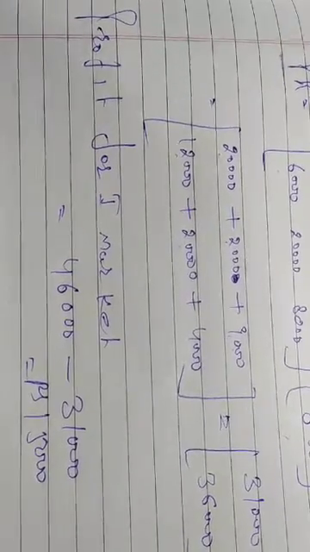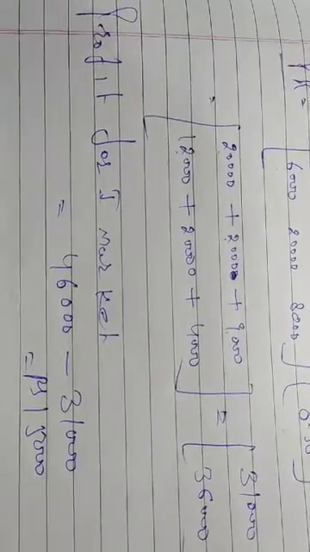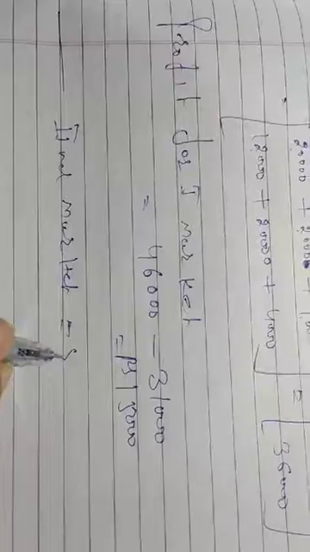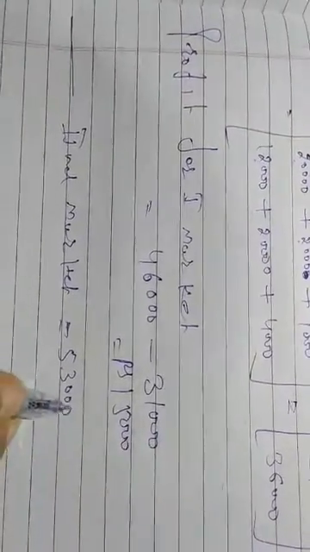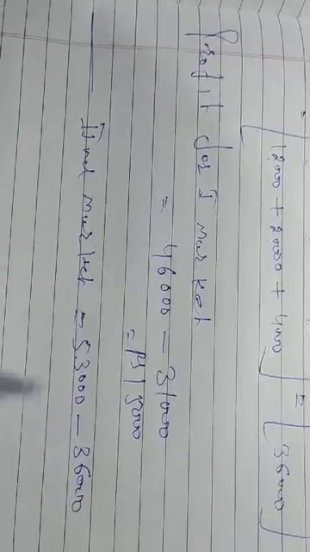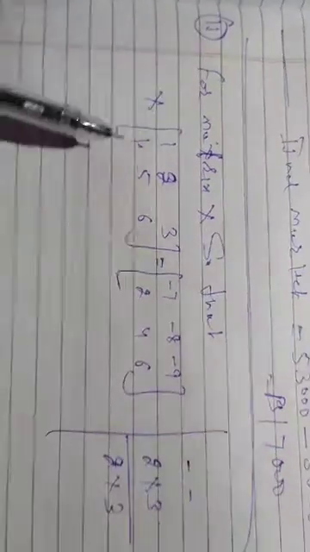Profit for the second market: total sale price 53,000, cost price 36,000, and 17,000 is the profit for the second market.